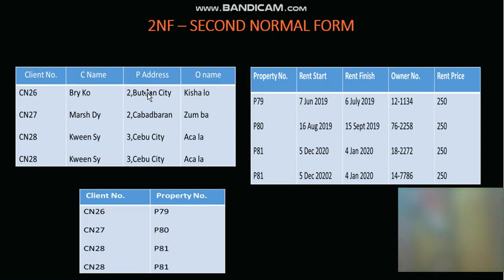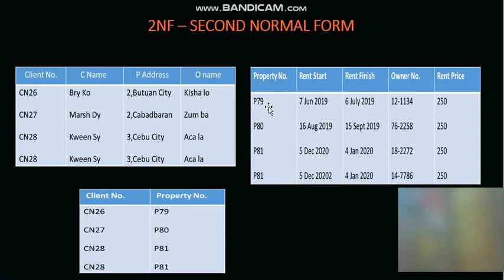They must be dependent upon both and not on any of the prime key attributes individually. But we find that the client name can be identified by the client number. The rent start, the rent finish, the owner number and the rent price depend on the property number.